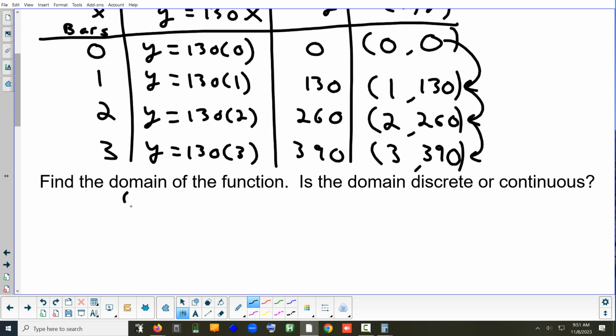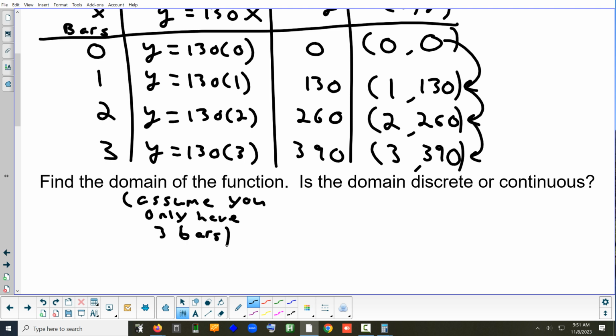So let's find the domain, and I'm just going to assume you only have 3 bars. We gotta stop somewhere. Okay. So now think about the bars.